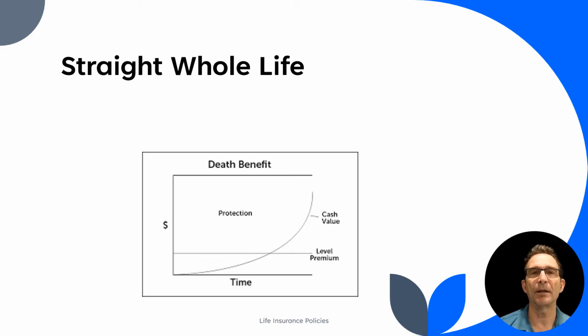So you're going to pay a specific premium and that premium is going to be paid for the insured's entire life. Now, that premium will be determined by the age of the insured person when the policy starts. The insurance company calculates that premium.